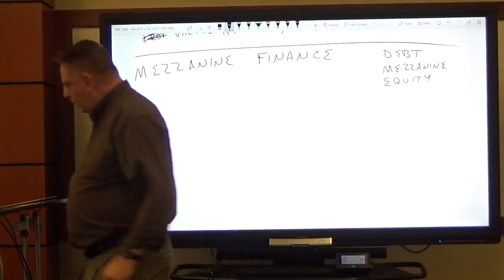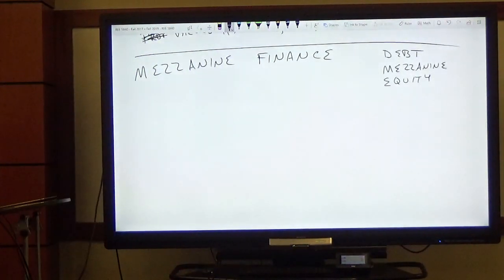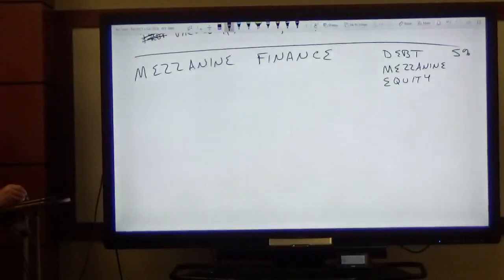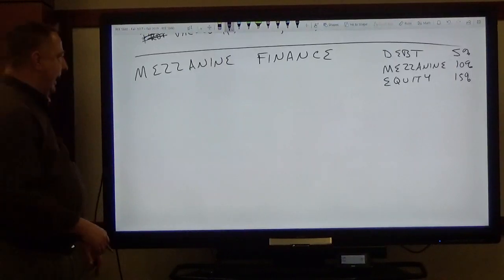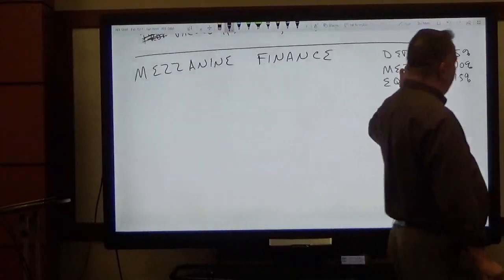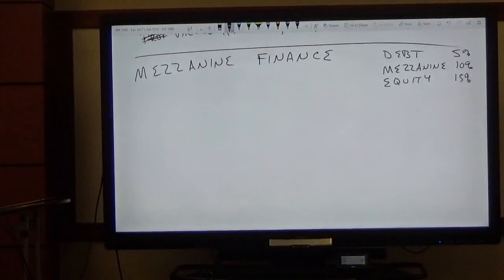So normally you're going to have corresponding rates of return associated with this. You might have a 5% cost of debt, a 10% cost for mezzanine, and let's say a 15% cost of equity in your capital structure. Now, the thing about these mezzanine players, they can take on a variety of different forms.